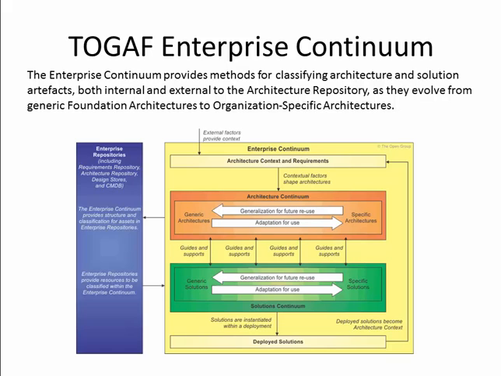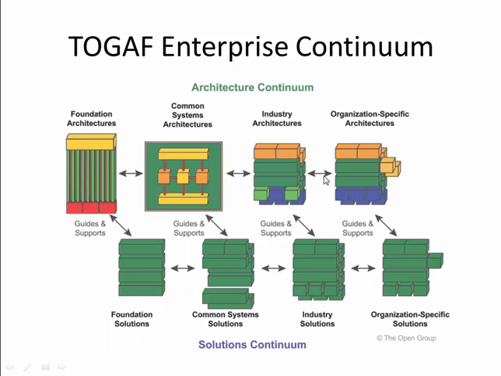So if you have a programming background, you would understand that you have inheritance and you have generic things, and then there are very specific implementations. So as we move from left to right, we move from generic to more specific, and this happens both for the architecture as well as for the solution. And I'll show you in the next slide what it looks like.